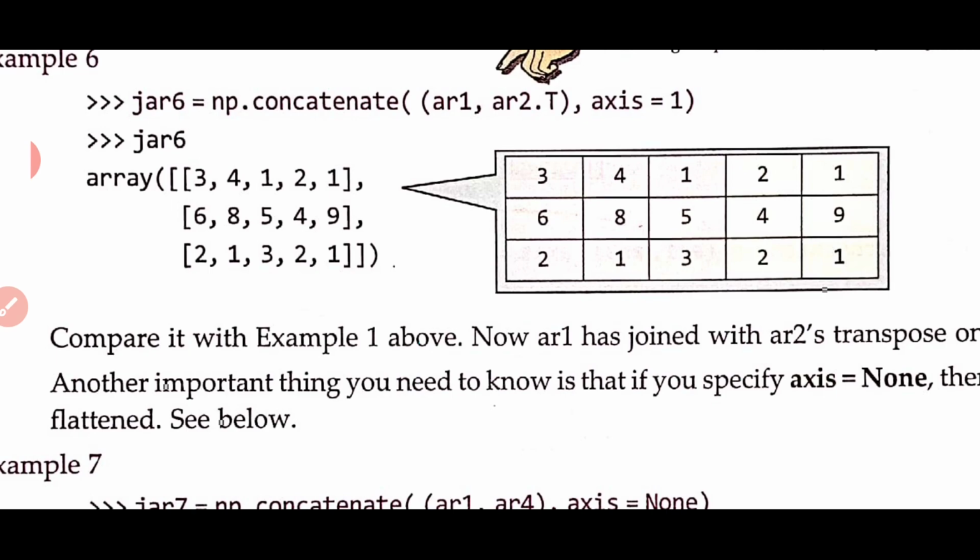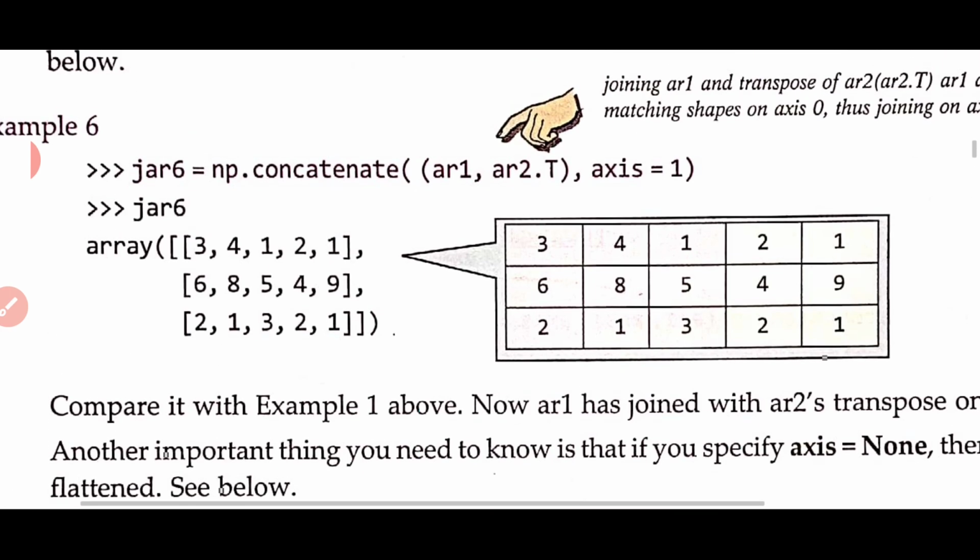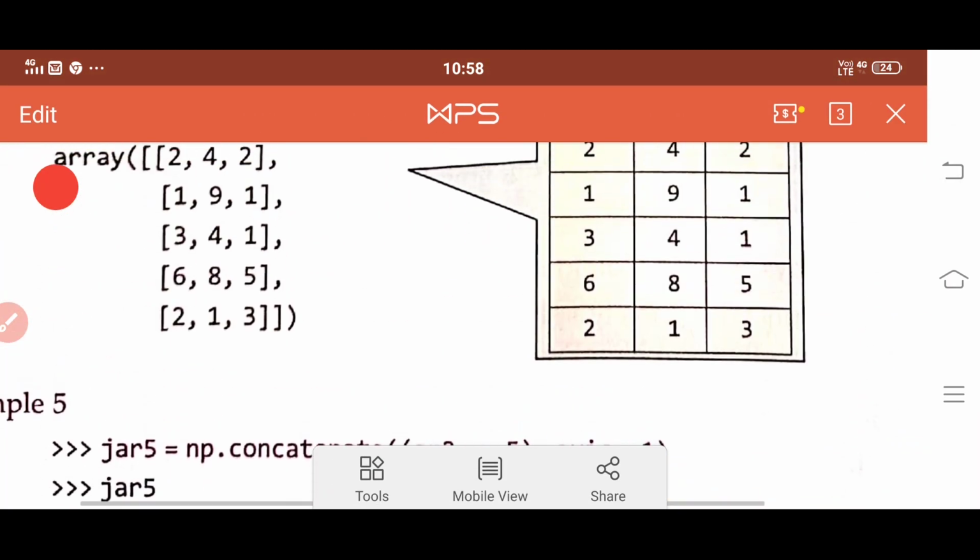See now JAR6 is equal to np dot concatenate AR1 comma AR2 dot T, means convert the axis of all the elements of AR2 and then add on horizontal axis. Okay, so the elements of AR1 341, 685, 213, and after that the elements of AR2 in transpose way are added there, 242, 191. Just see what the elements of AR2 are and how they are written.